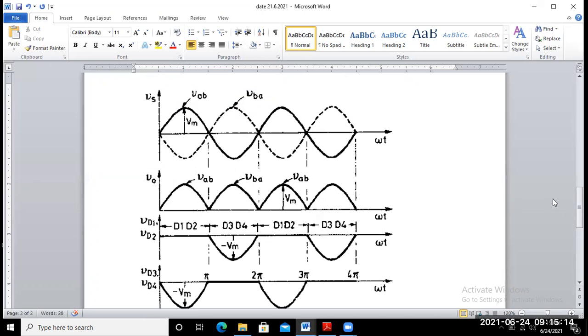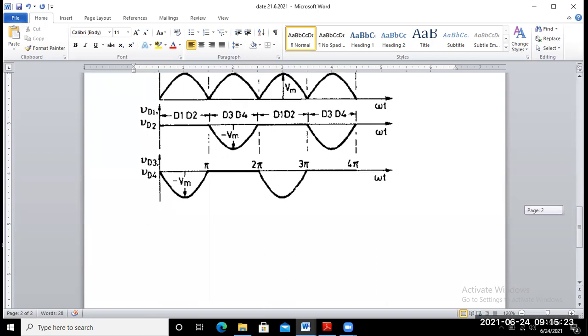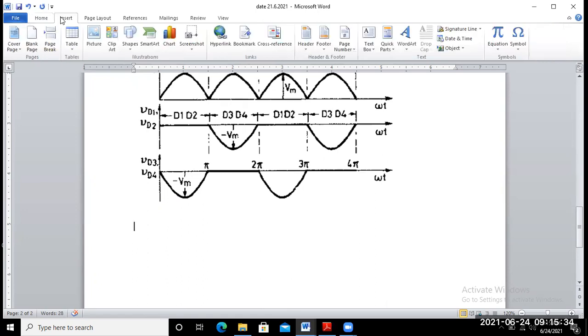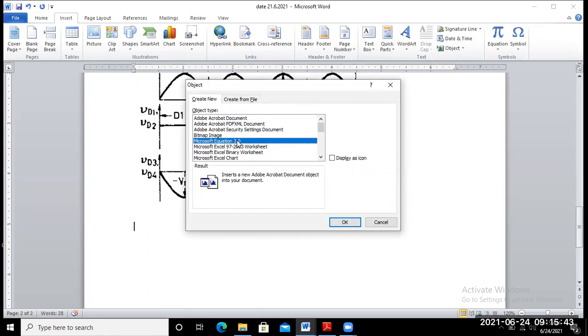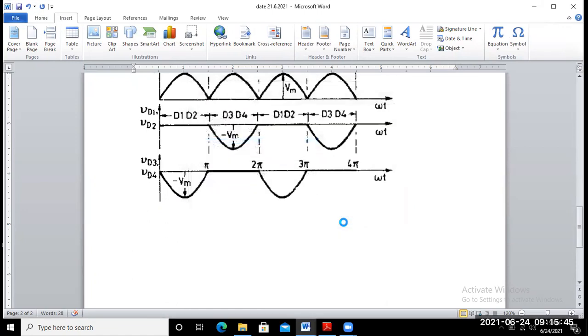Here also we can find the average value of the output voltage. That means 1 by time period, integral from 0 to time period, Vt dt. The average voltage is represented by V0.